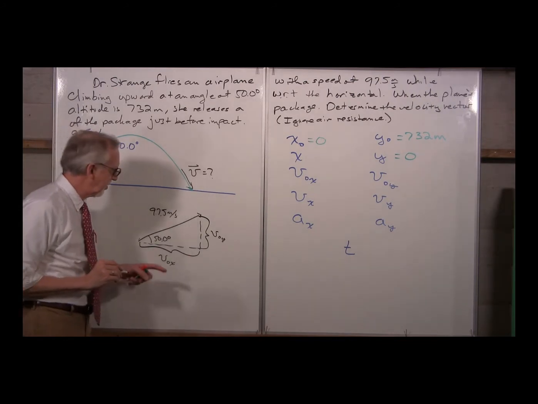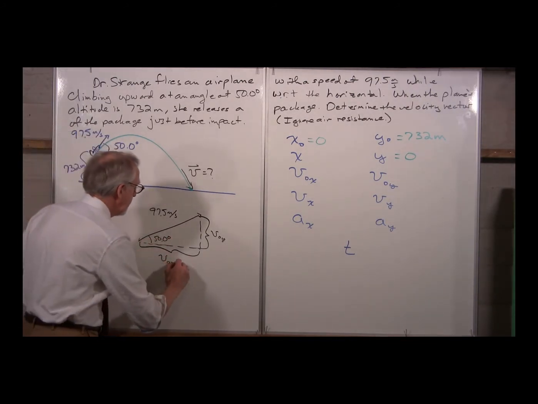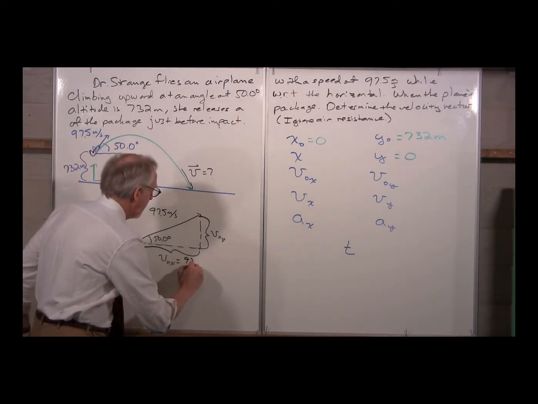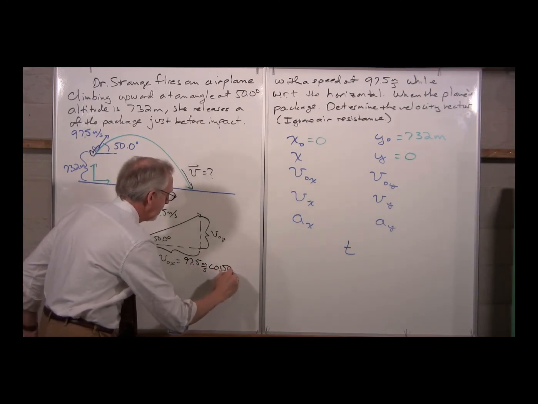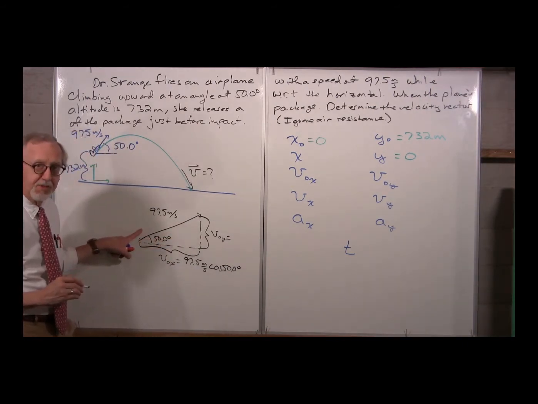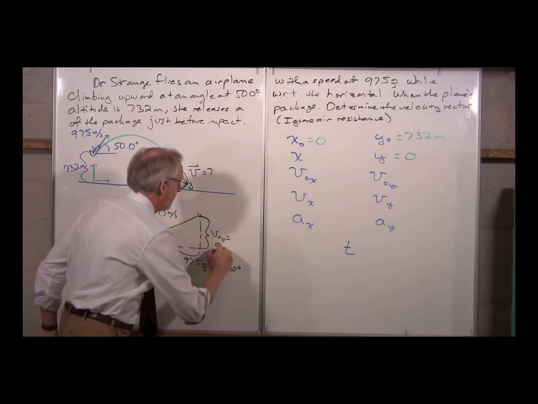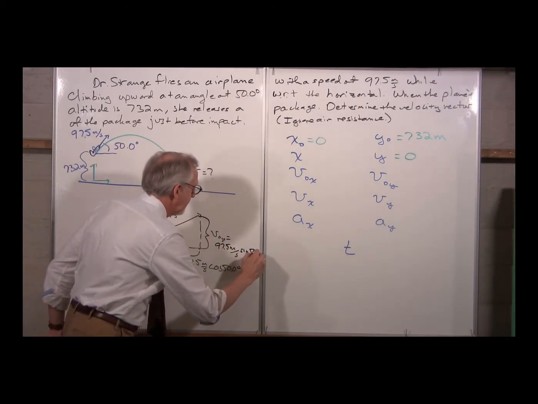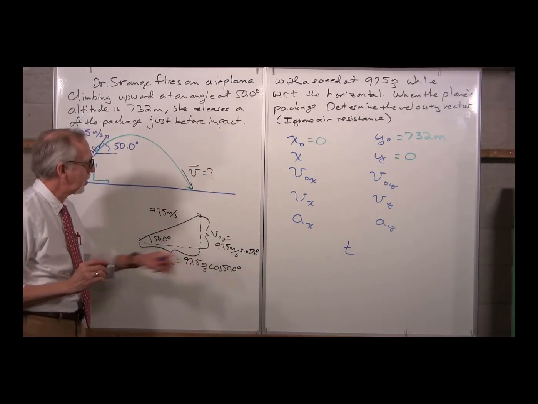V naught x is the adjacent side to the angle, so V naught x will be the hypotenuse, the magnitude, 97.5 meters per second, cosine 50 degrees, while V naught y is the side opposite the 50 degrees, so that's 97.5 meters per second, sine 50 degrees. There we go. So there is V naught x, V naught y.